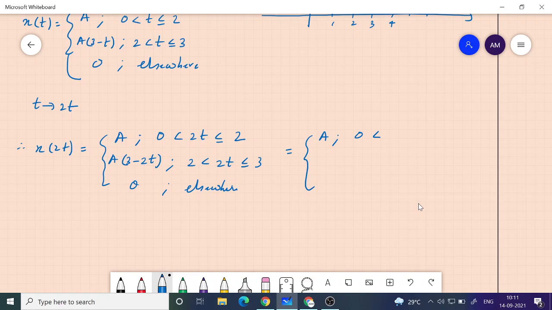Since there is no sign involved, these inequalities remain as such. Then t less than or equal to 2 by 2, that is 1. Next one, here it is a into 3 minus 2t. So here it will go 1 less than t less than or equal to 3 by 2, which is 1.5.